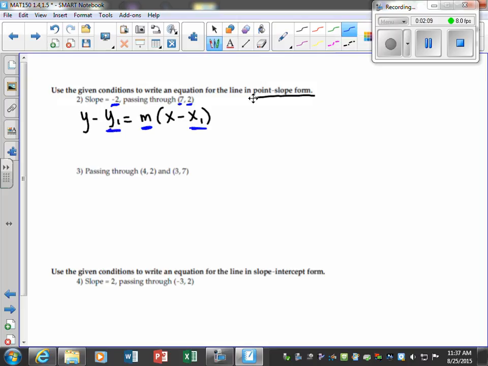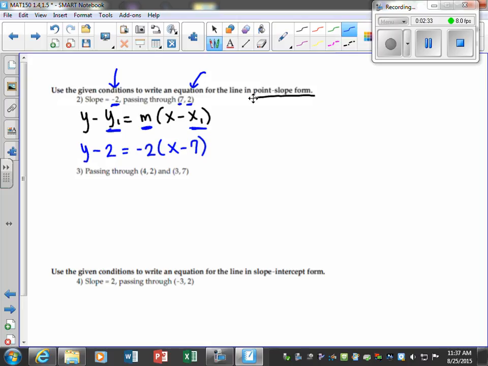So substituting those in, we get y minus, what is y1? The y value of the ordered pair is going to be 2. What is our slope? Our slope is given right there, it's -2. X minus, and what is our x? 7. Okay, for just writing that down, that's our point slope.